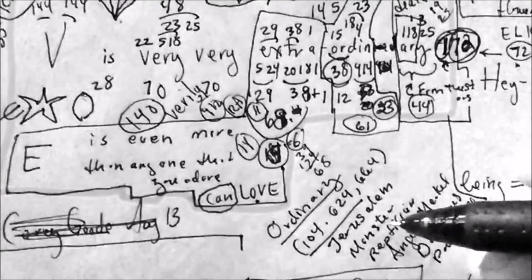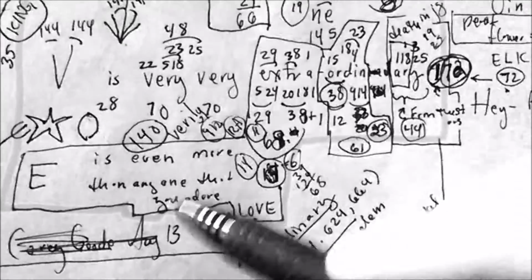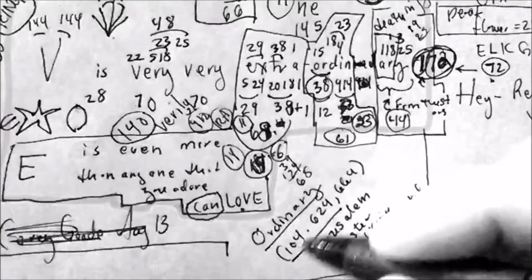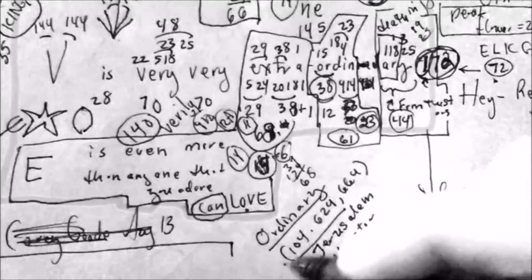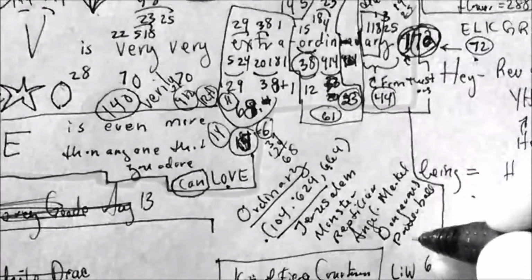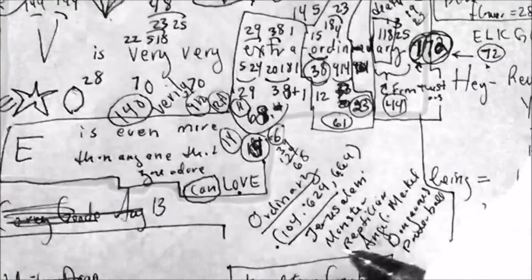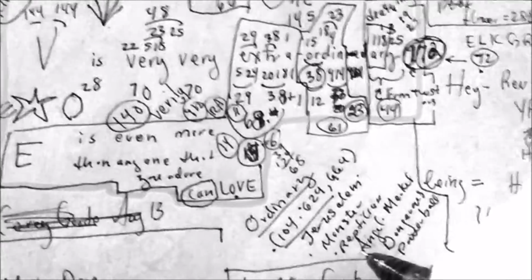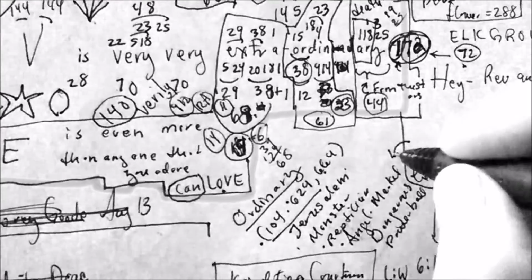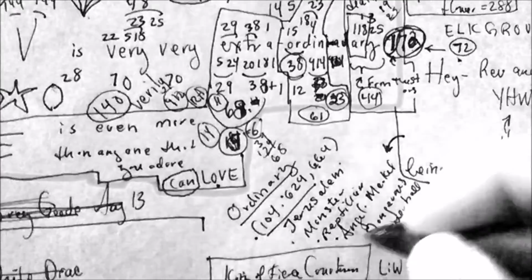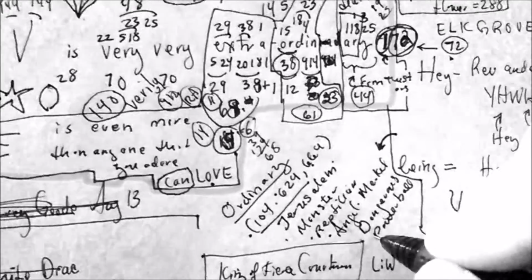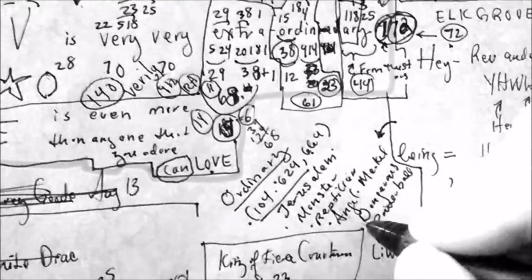So, I brought to you ordinary. Sorry, I'm going to go back here to ordinary because I have to have the gematria here. It's 1, 0. This is the simple English and the Jewish gematria of ordinary. And it has esoteric ties to Jerusalem, monster, reptilian, Angela Merkel, who I believe is the daughter of Adolf after he went to South America, dangerous, and Powerball.